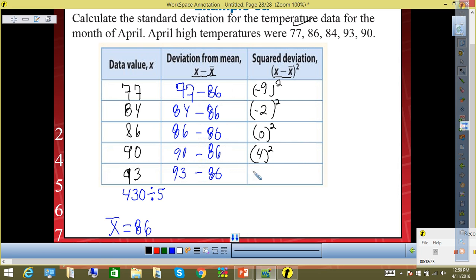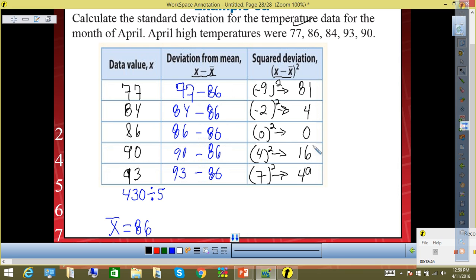And 93 and 86? 7 squared. So, let's find the square deviation. All right. -9 squared is 81. Next. Next. Next.